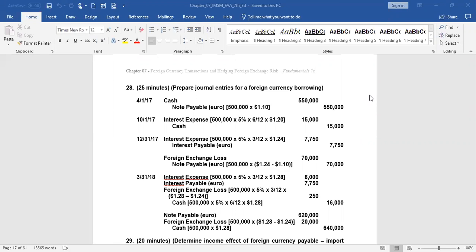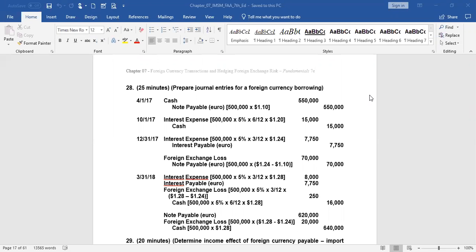Any interest that accrues on the loan needs to be recorded in the year it occurs. So how much interest accrues? Well, 500,000 euros times 5% interest times 3/12 gives us the amount of euros. Now convert those euros to dollars as of December 31st, and that's $1.24. So interest expense would be debited for $7,750, interest payable credited for $7,750.